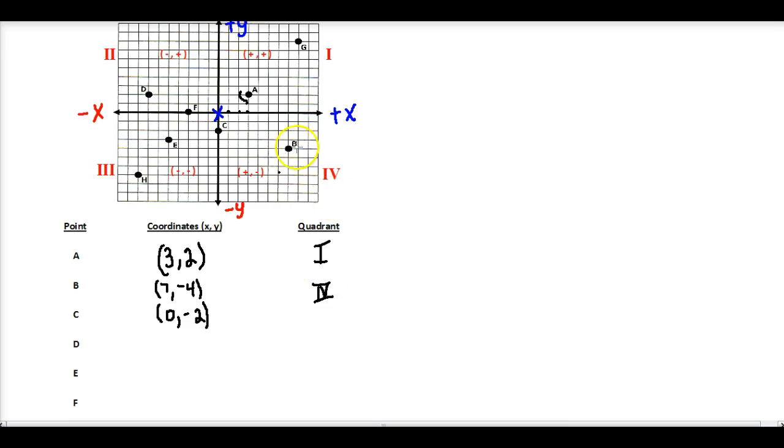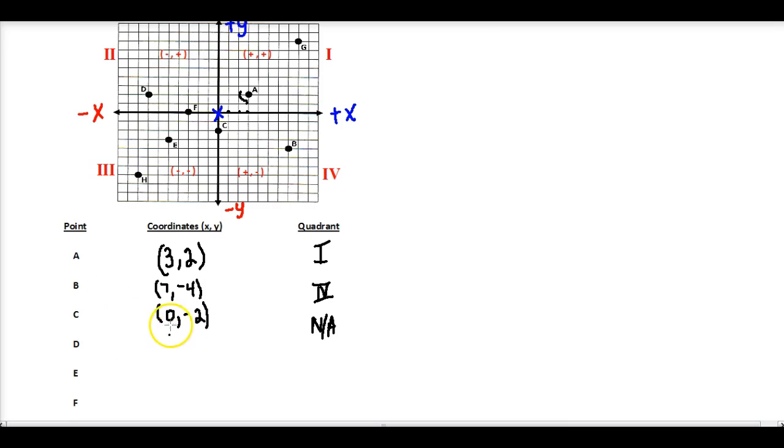Because here we notice that all of our points for the x and y coordinates have to be either positive or negative. Notice here that for the x coordinate, we have 0. 0 is neither positive nor negative. So points that are on the x-axis or points that are on the y-axis are not considered to be in any quadrant. So for here, we would just have to put not applicable.